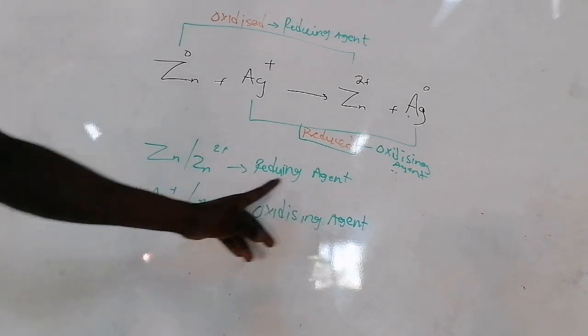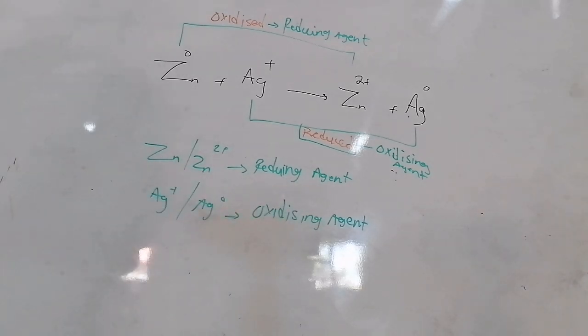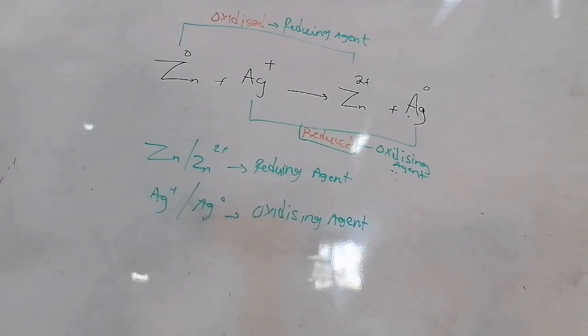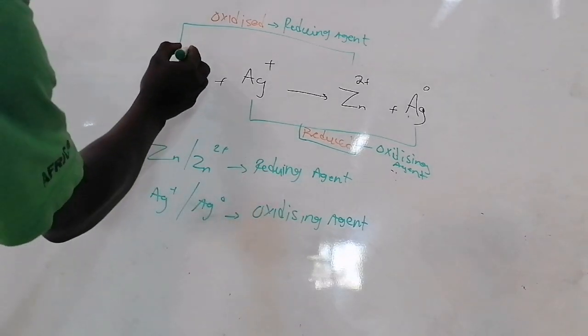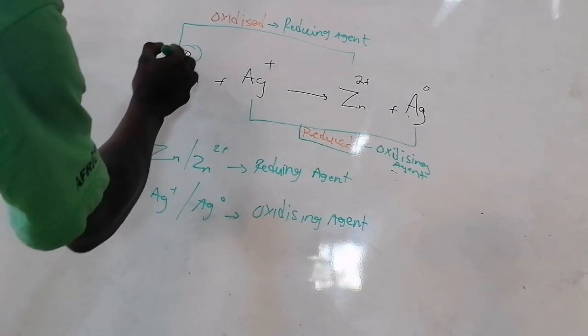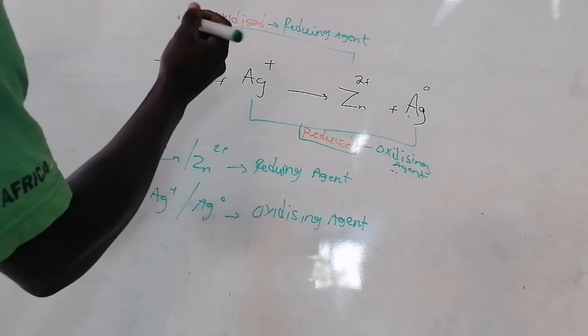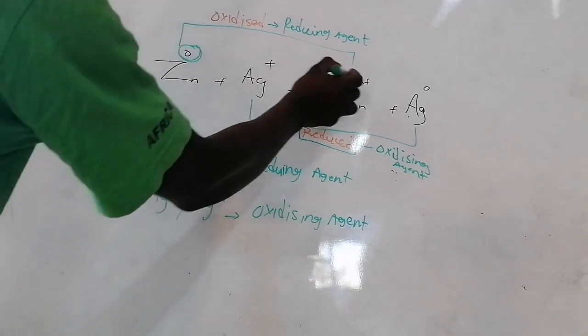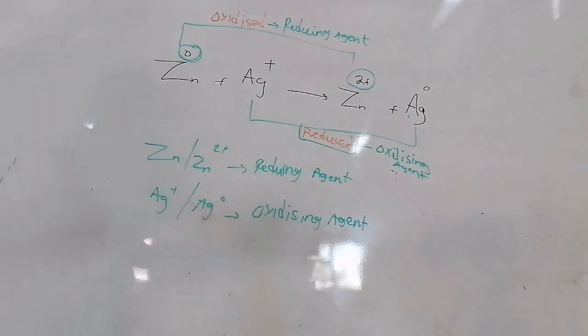So let me explain this one first. Why are we saying it is the reducing agent, or why are we saying it undergoes oxidation? It is because the oxidation number increased from 0 to positive 2, then you get 2 marks.